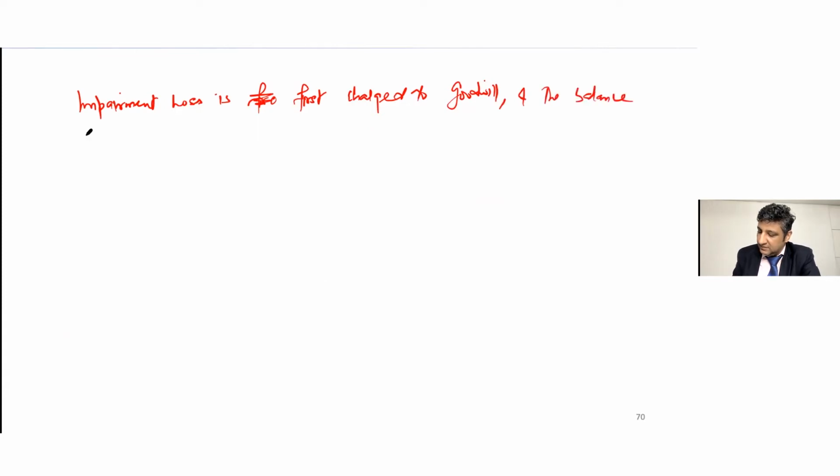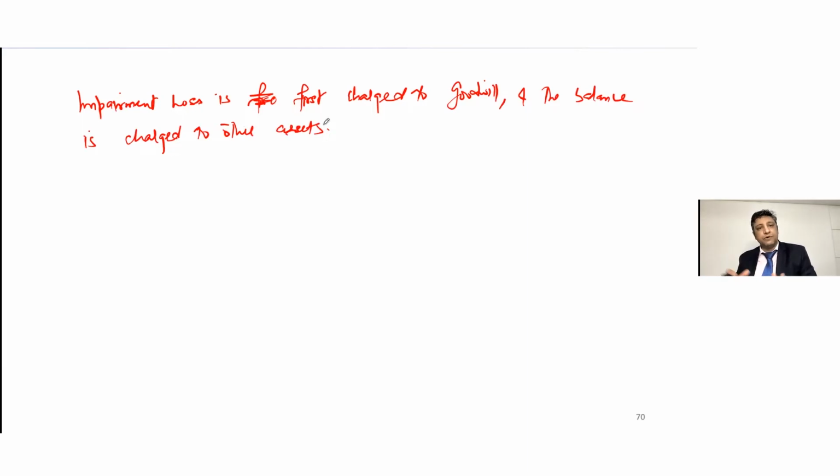So we say that under Ind AS 36, impairment loss is first charged to goodwill and the balance is charged to other assets.